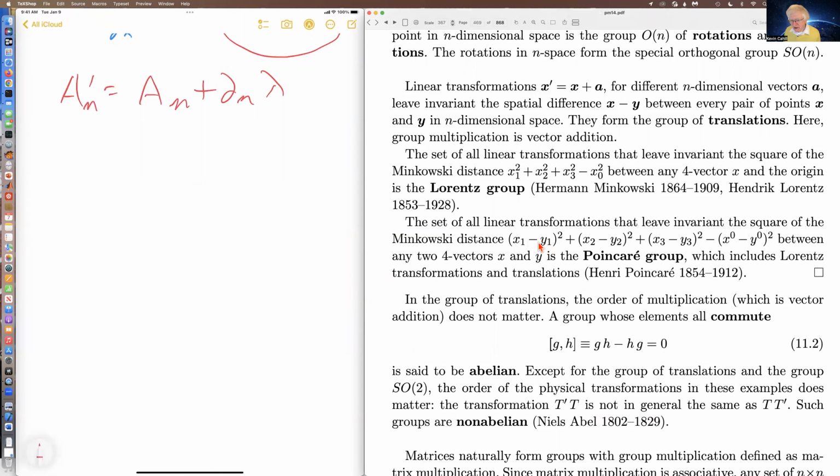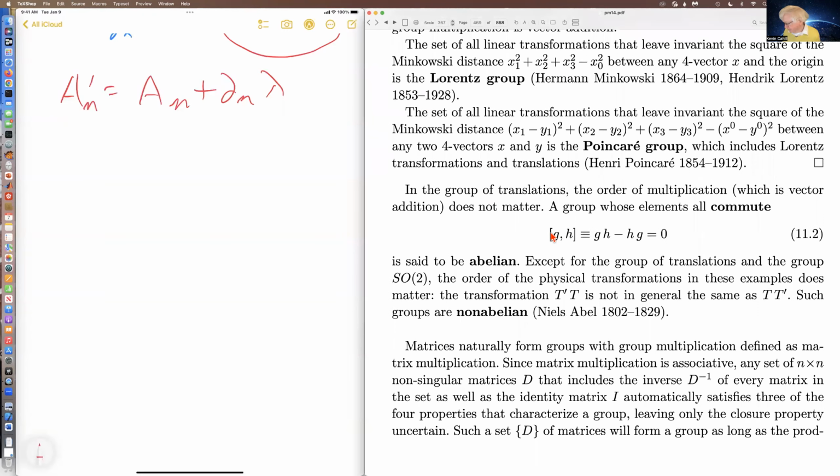You can think instead of distances between two points, x minus y squared, in the sense of this metric with a minus sign here. All linear transformations that leave that squared distance invariant, those are called Poincare transformations. They're translations and boosts and rotations and so forth.